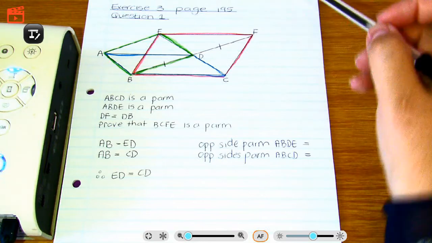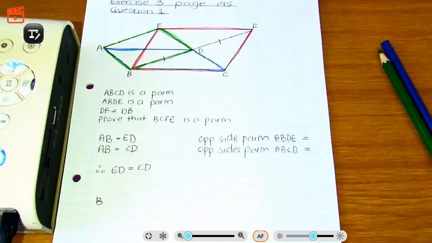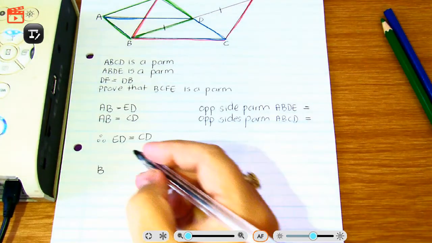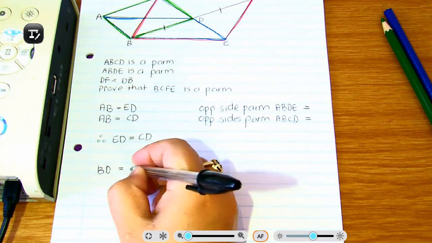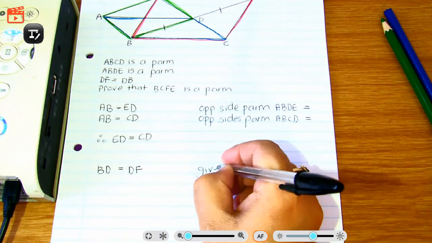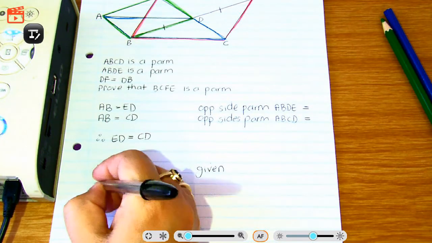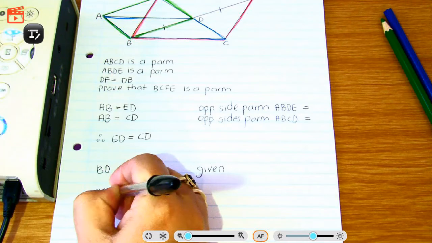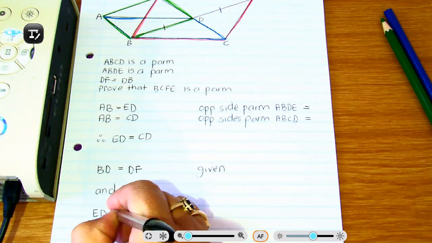So I'm just going to write in there that BD is equal to DF. That was given. And ED is equal to CD.